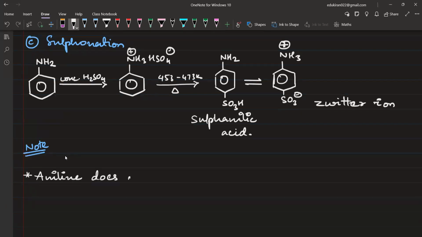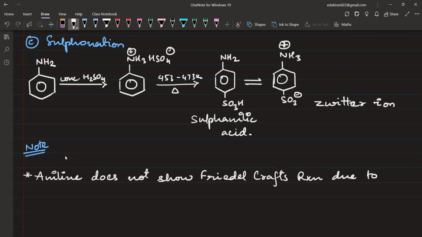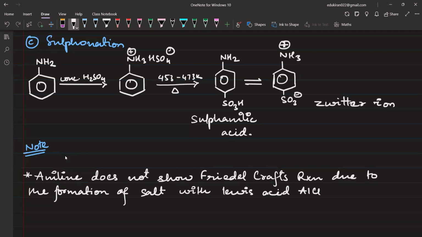Aniline does not show Friedel-Crafts reaction due to the formation of salt with Lewis acid AlCl3.